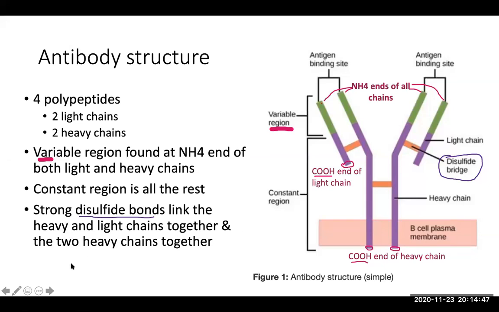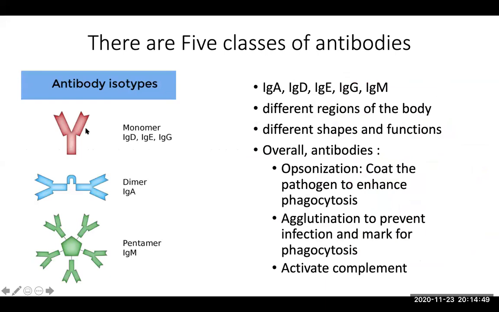That's it for structure. Now, antibodies can stay as singular Ys that we just looked at. We have IgD, IgE, and IgG, which are these individual or monomer antibodies. We have IgA, which puts 2 together, uses a strong, I think it's another disulfide bridge, or it's a little bit more complicated.